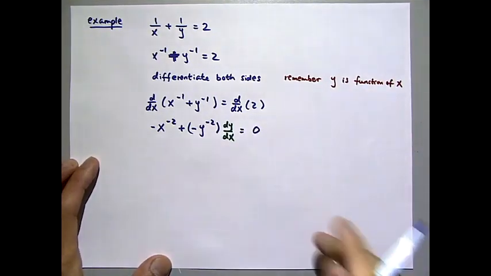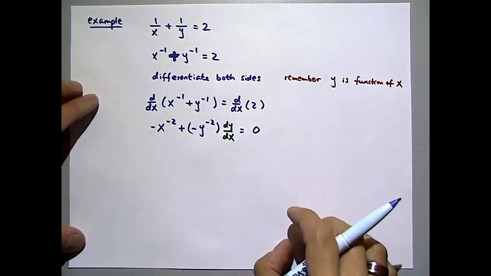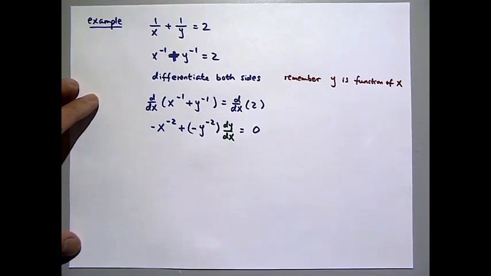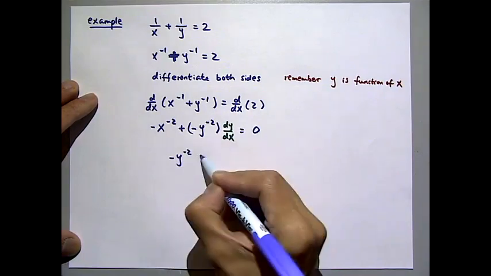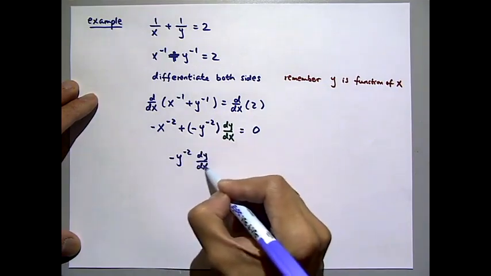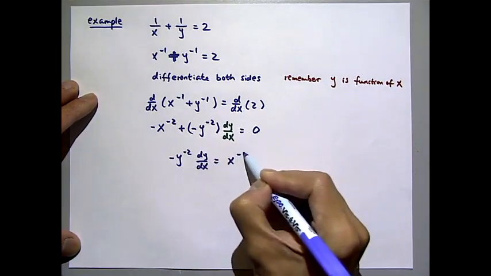Right-hand side is 0. It's a constant. Okay, now this is pretty easy. We get minus y to the minus 2 dy/dx equal to positive x to the minus 2.